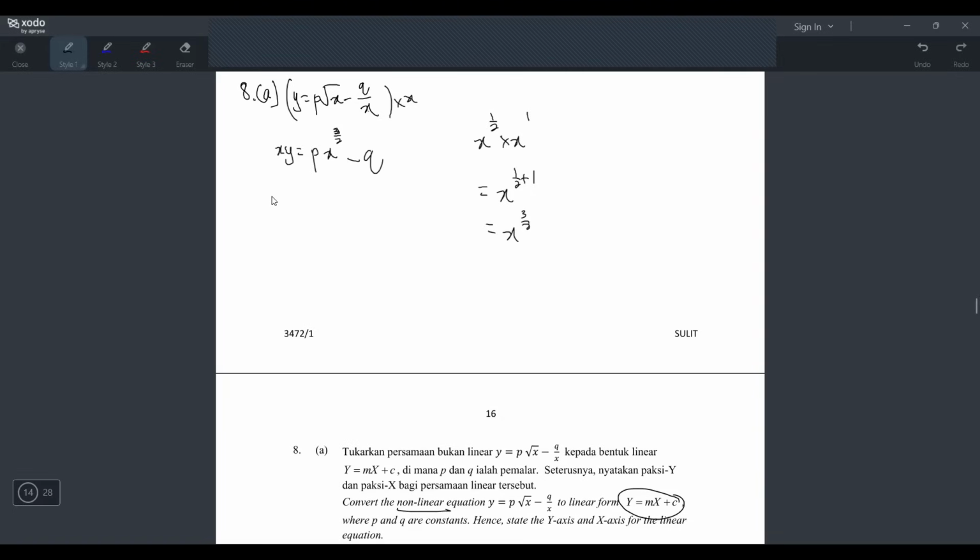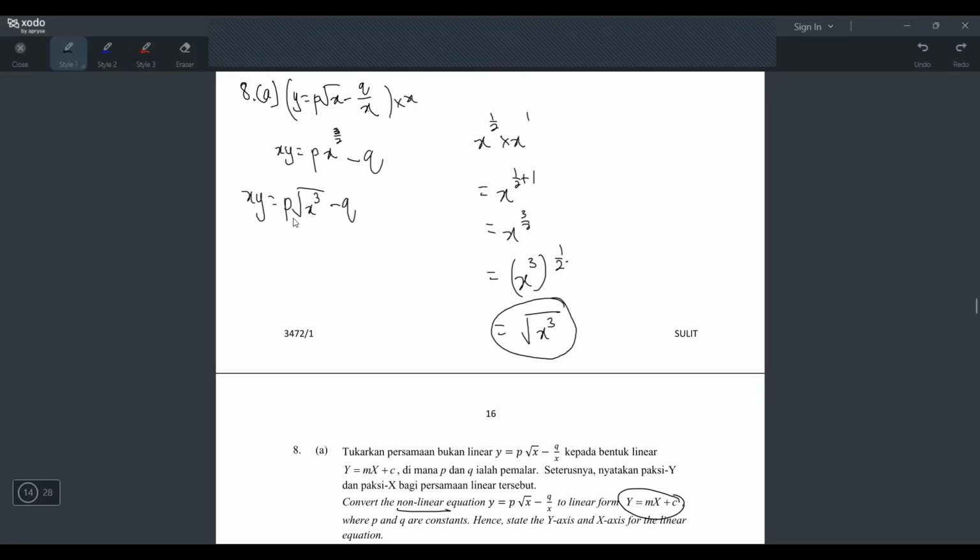But I'm going to write it a little bit differently, because we all know x power 3 over 2 is actually x power 3, to the power 1 over 2. Do you agree? Because 3 times 1 over 2 is 3 over 2, and we know 1 over 2 means square root. So I will write it like this: xy equals p square root x cubed minus q. This one and this one are the same thing; I just wrote it a little differently.